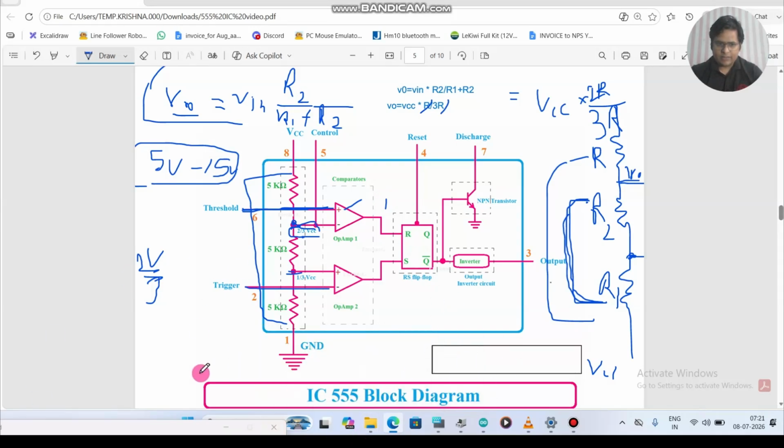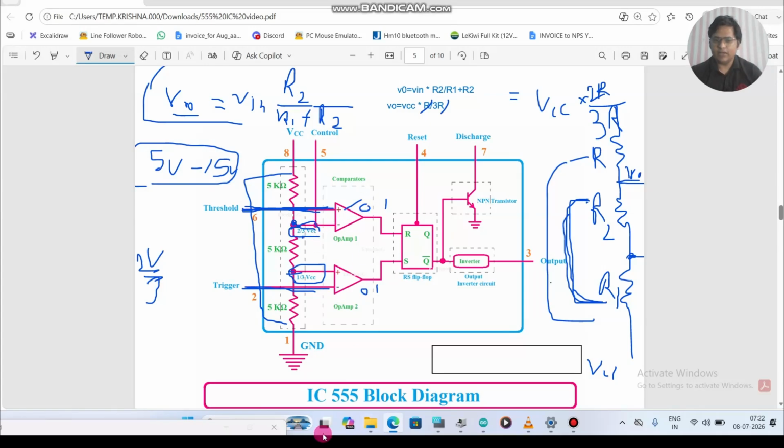And whenever the voltage on the trigger pin goes below 1 by 3 VCC, then it makes the output 1. In the reverse case, if trigger voltage is greater than 1 by 3 VCC, then it will make the output 0. Here also, if threshold voltage is lesser than 2 by 3 VCC, the output will be 0.